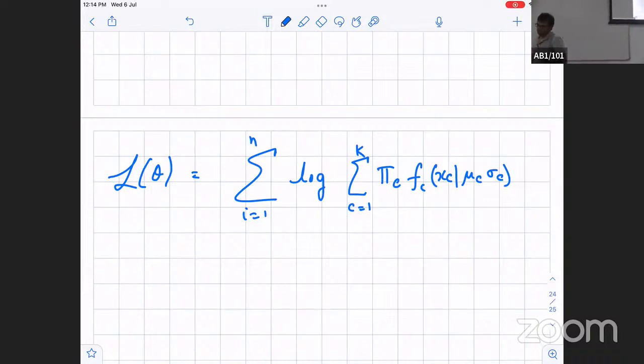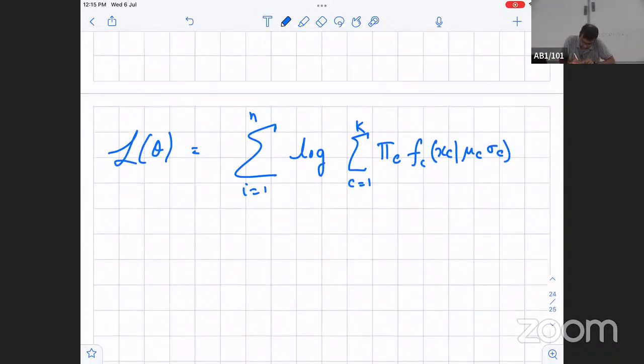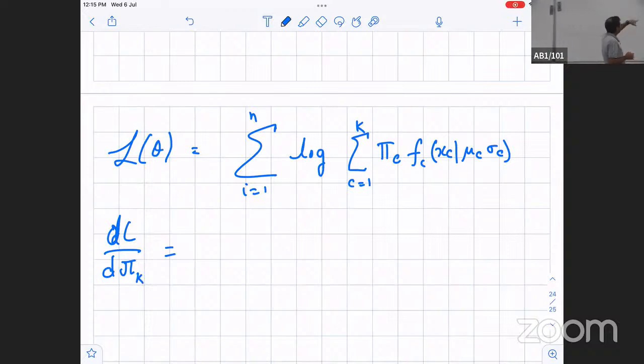Now let's try to take the derivative with respect to different things. Let's take dL by d pi k. Again, you see the chain rule is coming. When I take the derivative with respect to some pi k, what will happen? I am summing from 1 to n, so what is the derivative of log x? 1 over x, right?